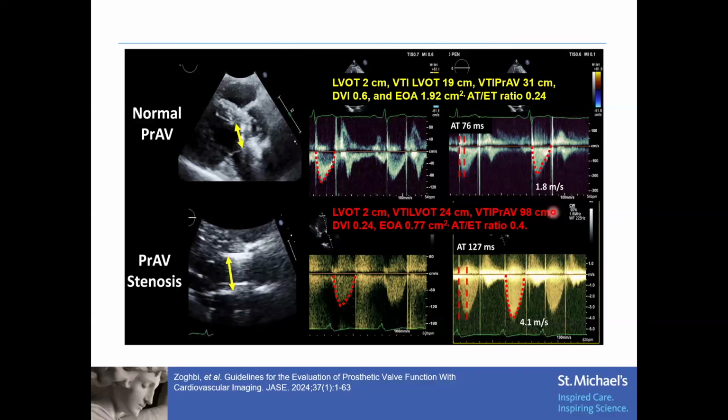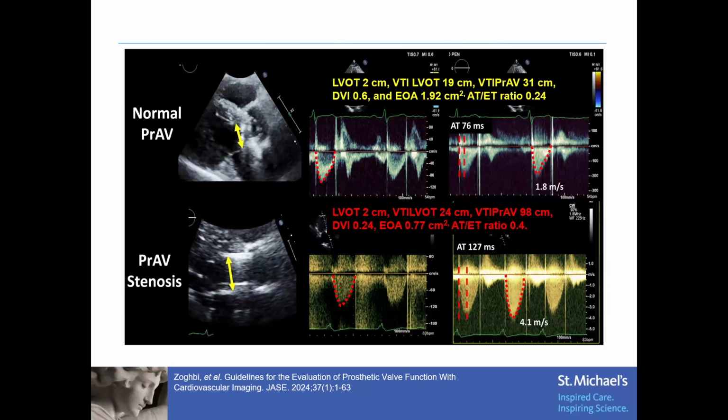The LVOT is the same size, and obviously the VTIs are different. So when you calculate the DVI in the normal prosthetic valve, the DVI is 0.6, so above that 0.25 cutoff. The DVI in the bottom example is 0.24, so less than the cutoff. And then the estimated orifice area is also lower.